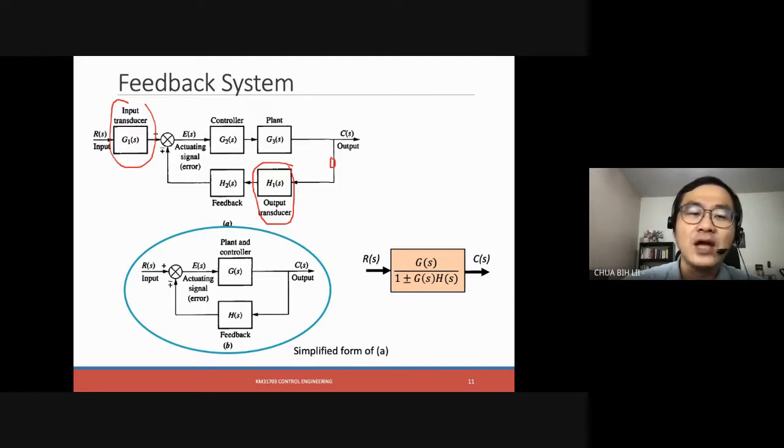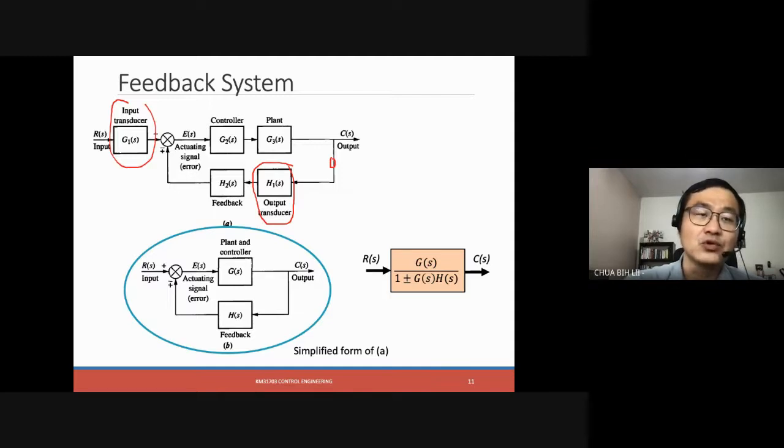Or if it is digital, you may want to transform it into a bit signal, like 1001, to represent the values to be fed back to the controller.